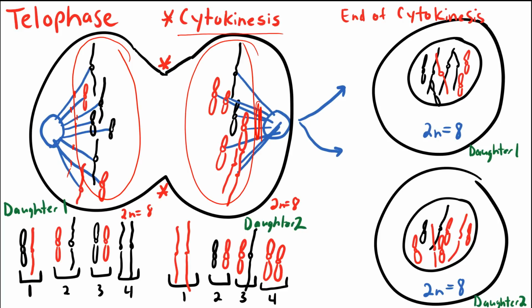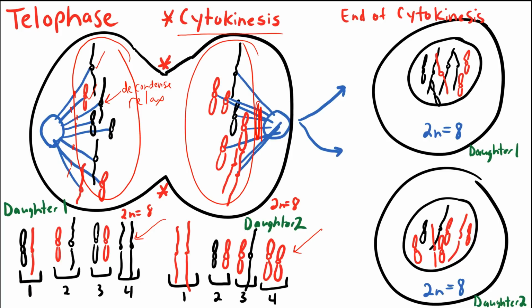So our nucleus returns, and you can also start to see that what was done in prophase, the condensing of your genetic material, is now going to be undone, and you can actually see the genetic material start to decondense. It's going to relax, okay? So the genetic material starts to relax. We've depicted that in the genetic material down here as well.